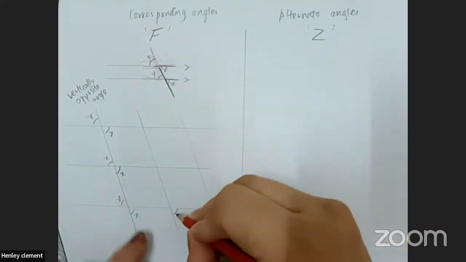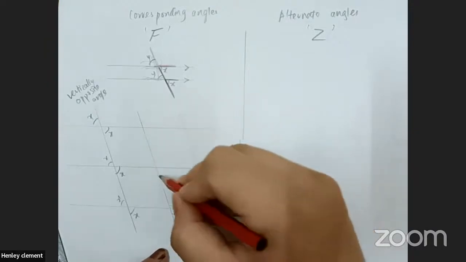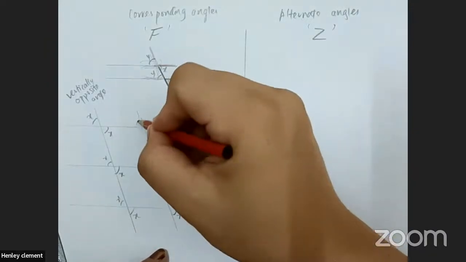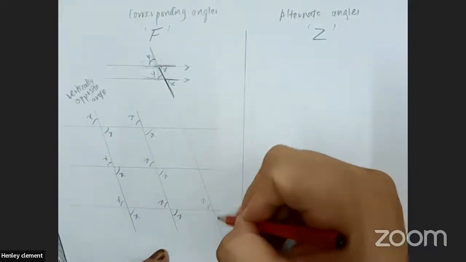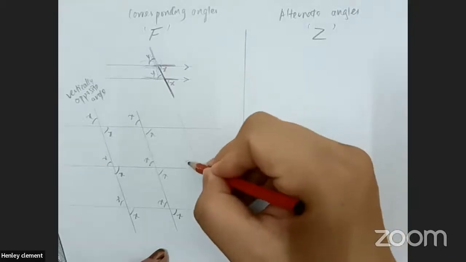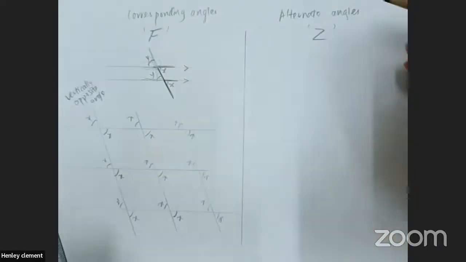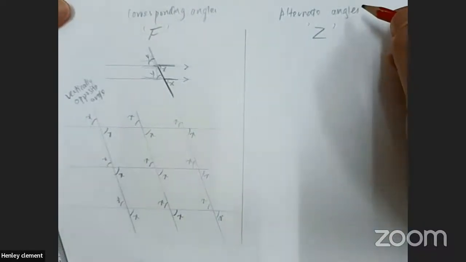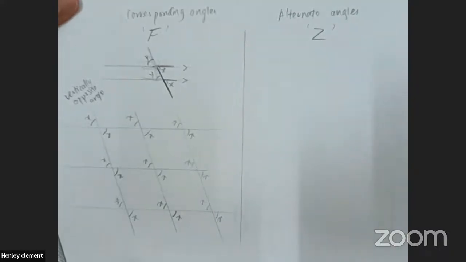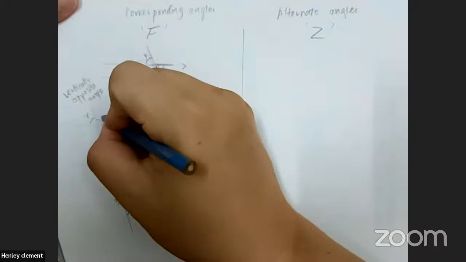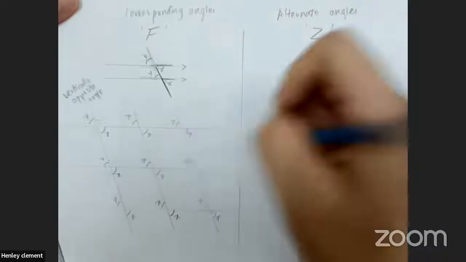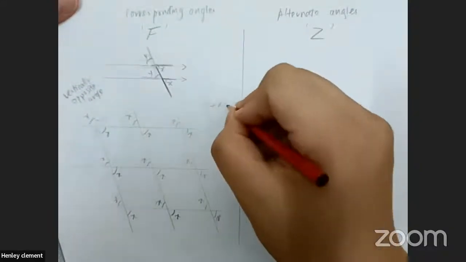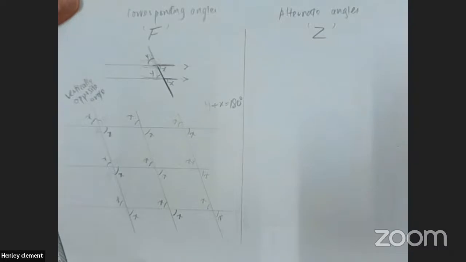So this one will become another x. And this an f here, an x, an x, and then this is the vertically opposite. Okay, you can see it's all f here. So surely, if you are good in math, you know that if this is y and this is y, this is y and this is y, then y plus x is equal to one line, so it's 180 degrees.